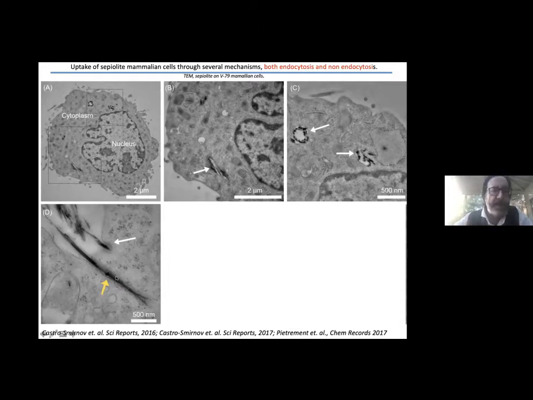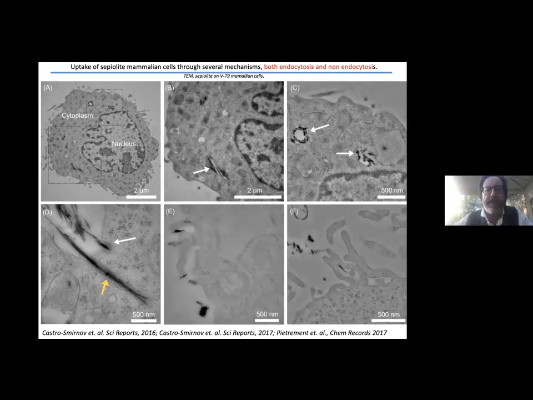Here is one example of a sepiolite directly piercing the cells, but these events are not really frequent. In another process, you can see the sepiolite fibers in black, and you have pseudopods of the cell membrane.